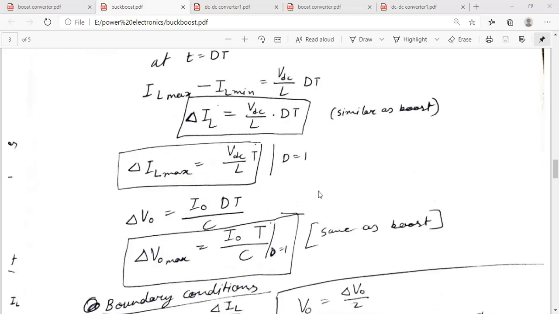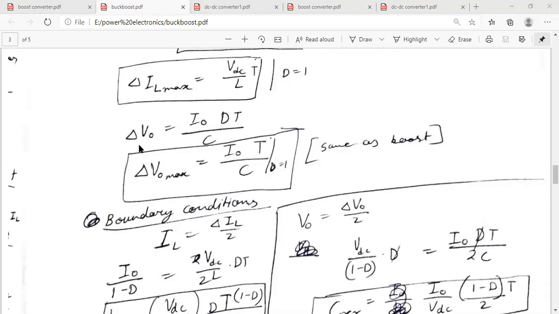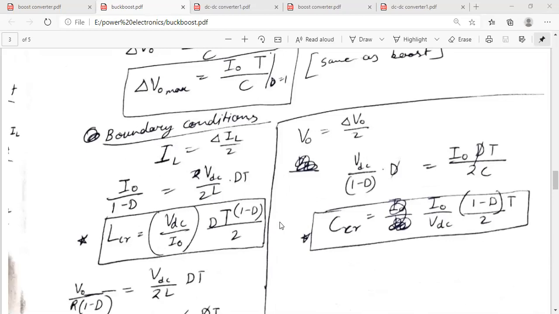Similar as boost. Now if D equal to 1, delta IL max equal to VDC T by L. These are very important equations. Always remember. So delta V naught equal to I naught dT by C. Delta V naught max equal to I naught T by C when D equal to 1. This is also similar to boost.